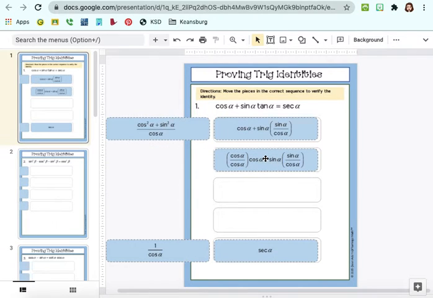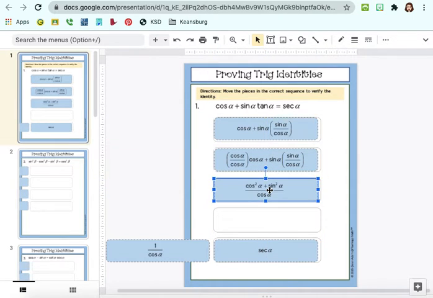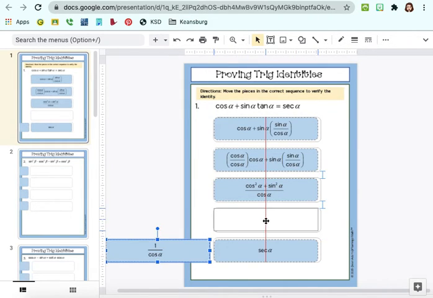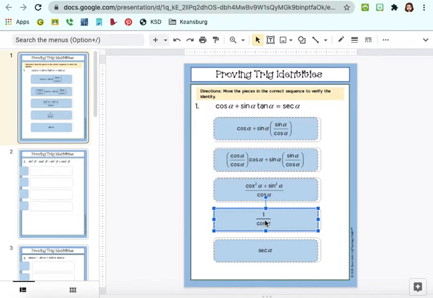Once I get common denominators, I can multiply both of these terms, and when I multiply both of these terms, I end up with cosine squared A plus sine squared A all over cosine of A, because the denominator of both of these is just cosine, so they brought it all together in one step. And then I know cosine squared plus sine squared gives me 1. So my final piece comes in here.